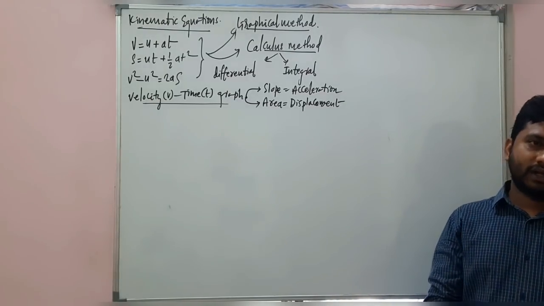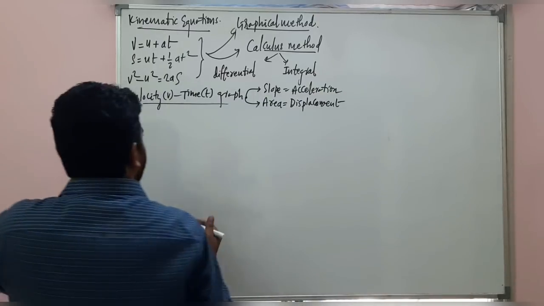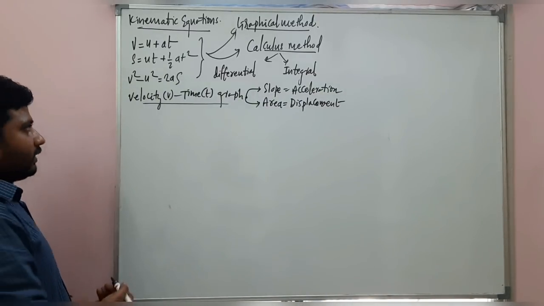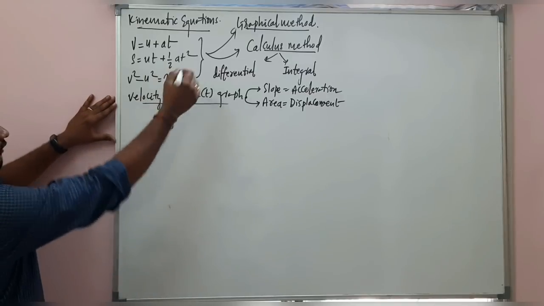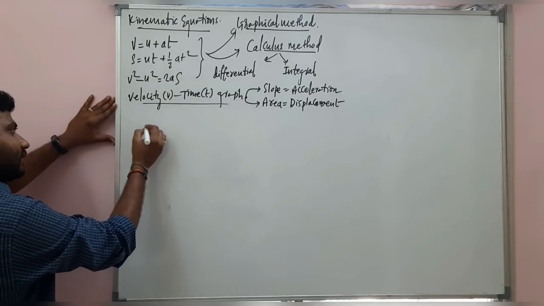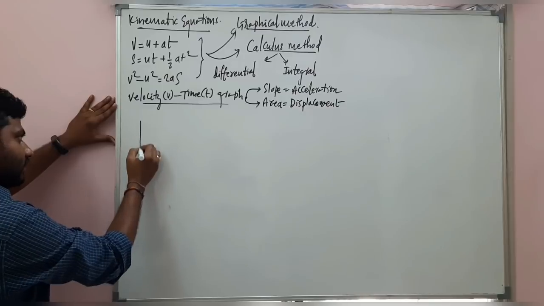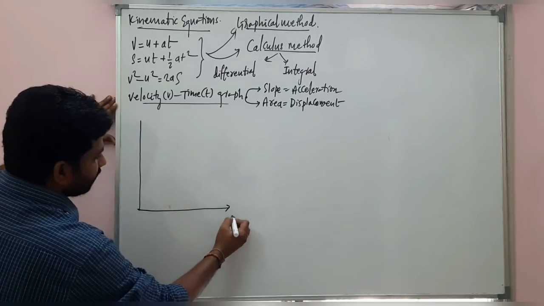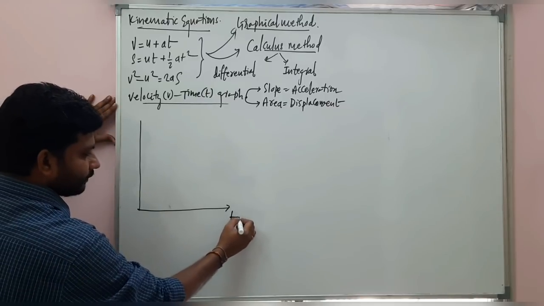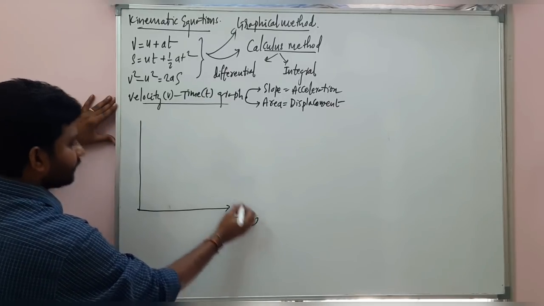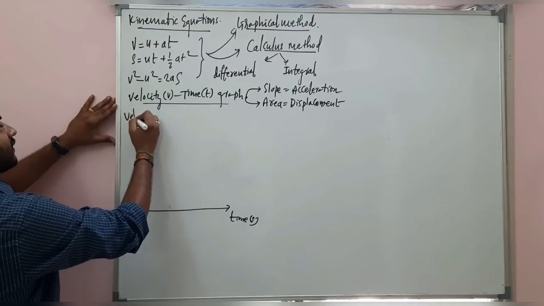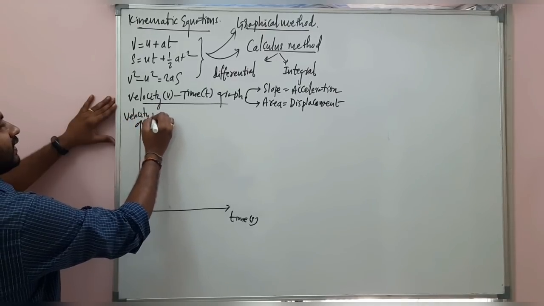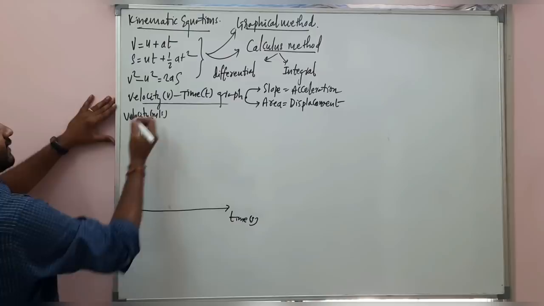Alright, my dear children, now let's draw the velocity time graph. This is time in seconds, and this is velocity in meters per second.